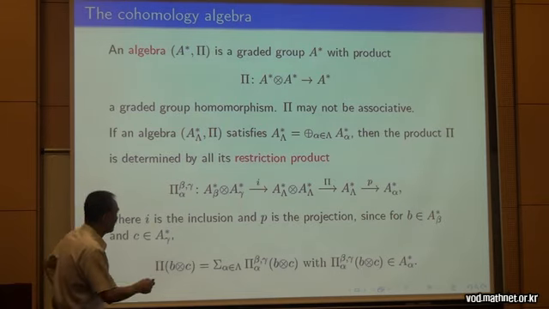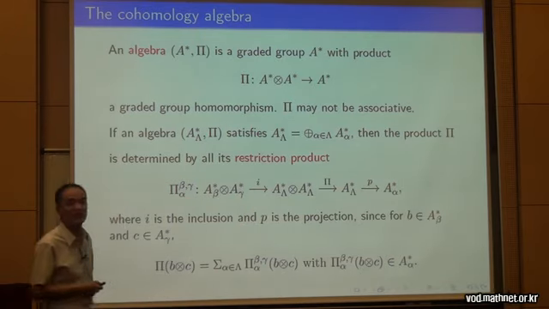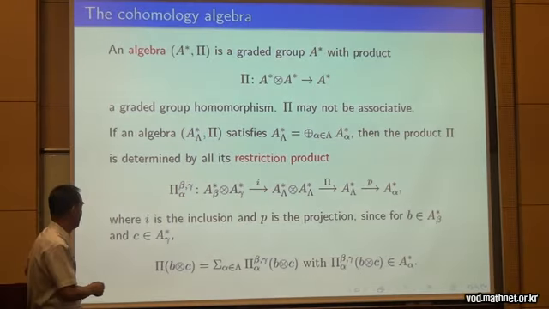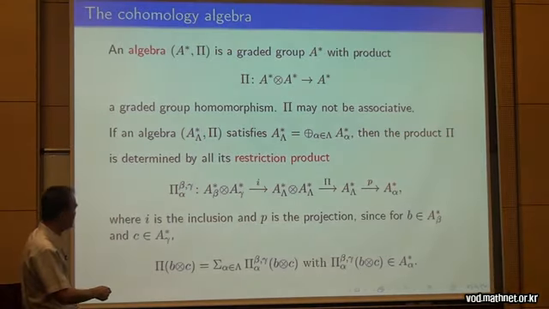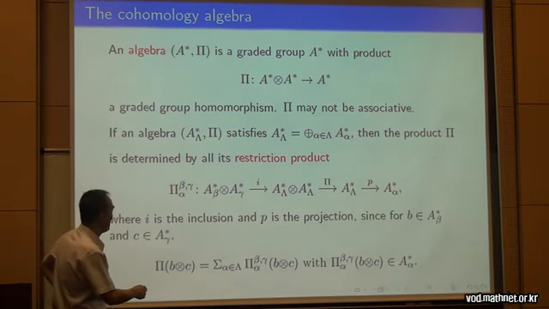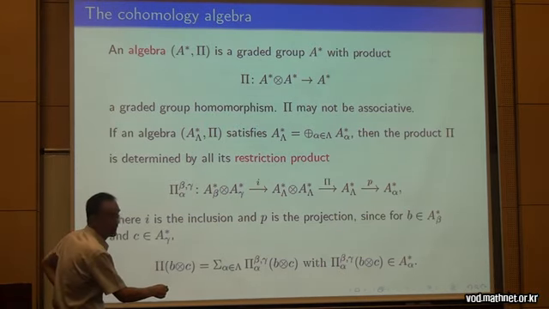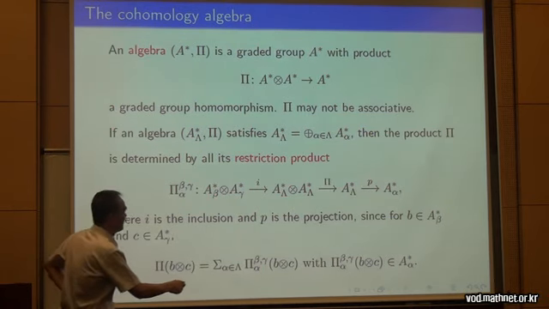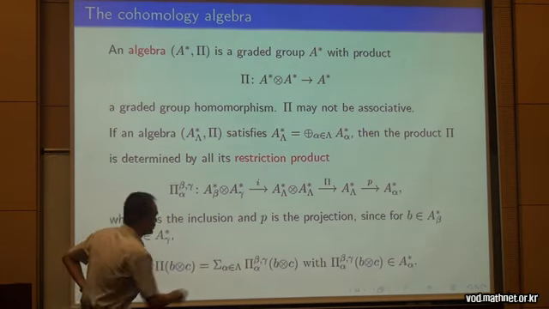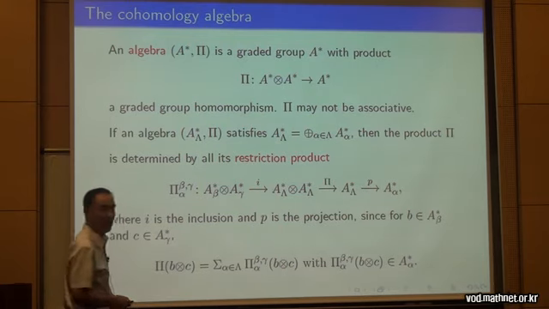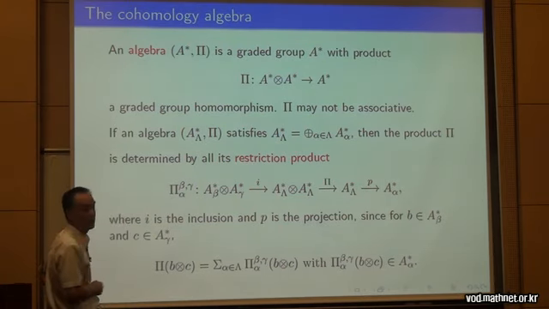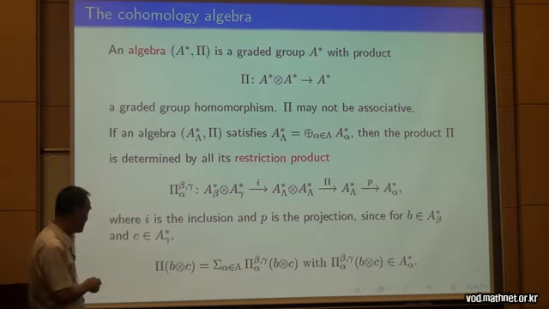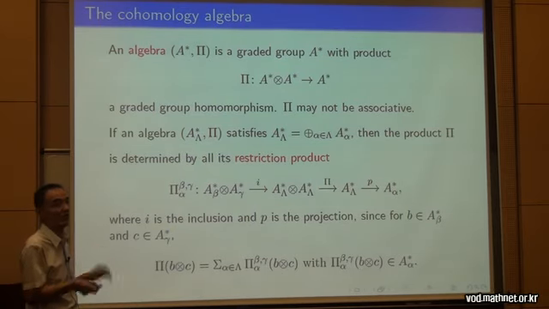When the algebra has such a direct sum structure, its product, this pi, is uniquely determined by its restriction products. This is very naturally defined because every summand is a subgroup, I is the injection, this is the product, and this is the projection to its summand, and this determines the restriction product. From this point of view, it's very easy to describe some algebras.